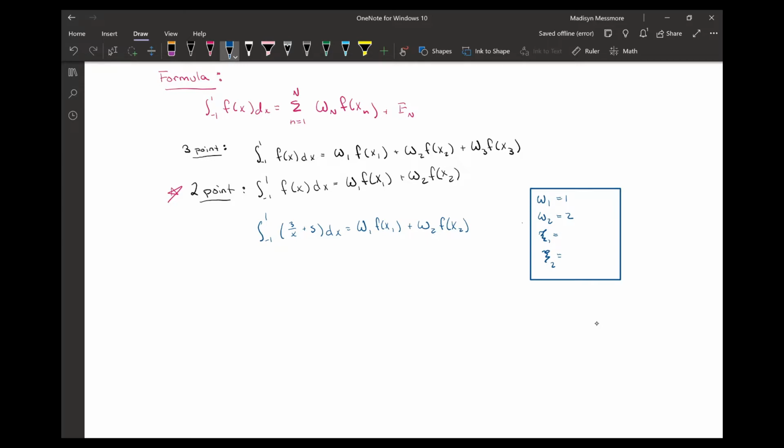What are the weights and xis for this? Okay, so xi of 1 is negative square root of 3 over 3, and xi of 2 is positive square root of 3 over 3. Those are all going to be given. Wait, why are those not 1?